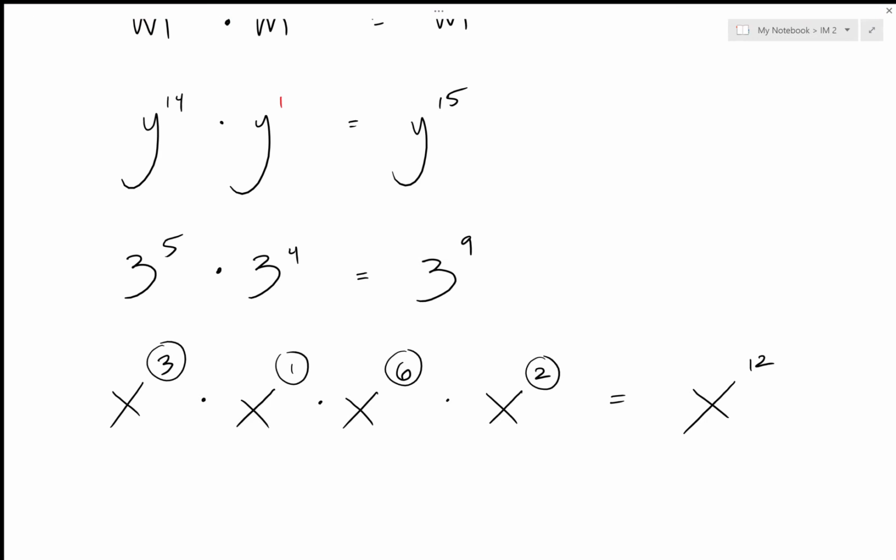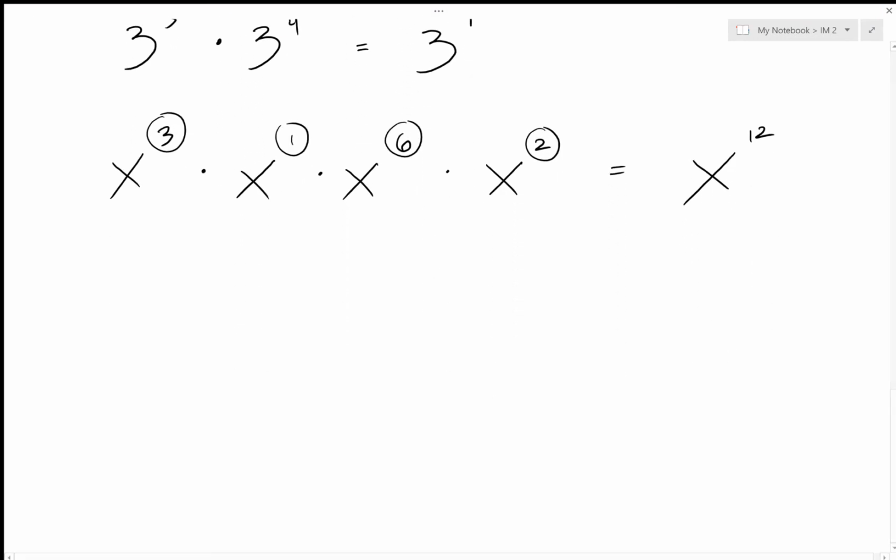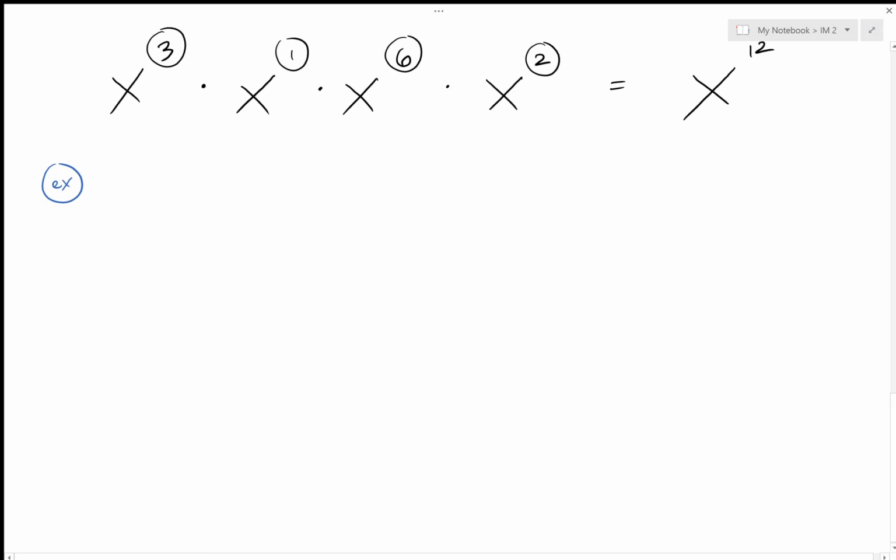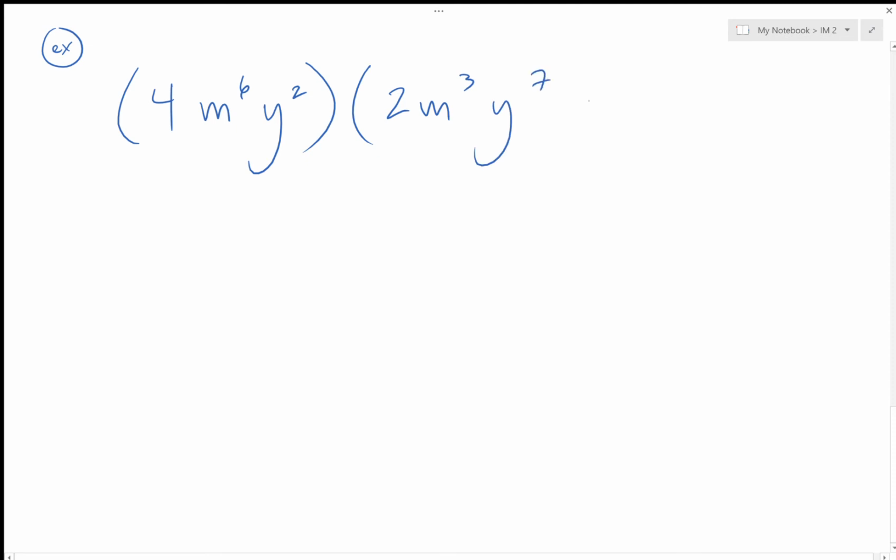So let's get a little bit trickier. Let's see what we're actually here for. Let's say we have 4 m to the 6 y squared, parentheses, 2 m to the third y to the 7 x squared. All right, now this doesn't look like anything we've done so far.